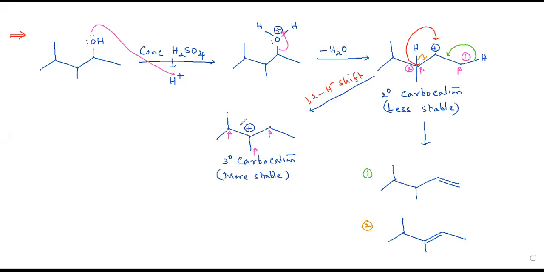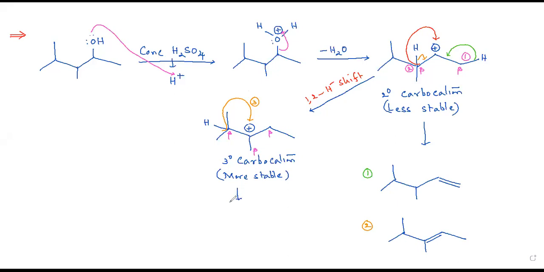Let this be the first possibility. A hydrogen needs to be taken out, which can actually go for the rescue of the positive charge. So this is the possibility number one. Or else, to avoid confusion, let us consider this to be 3.